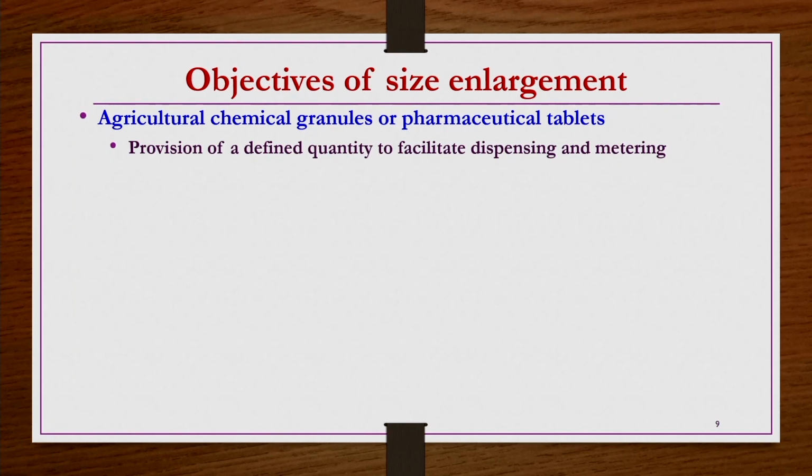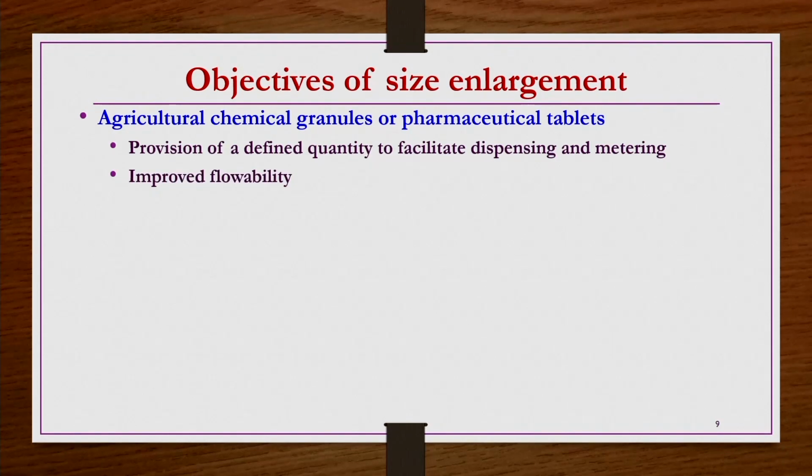You should do the tableting process in such a way that in a given tablet you have that many milligrams of active ingredient only. You cannot afford a variation in active ingredient composition from one tablet to another. So that is the provision of a defined quantity to facilitate dispensing and metering of these tablets, etc.